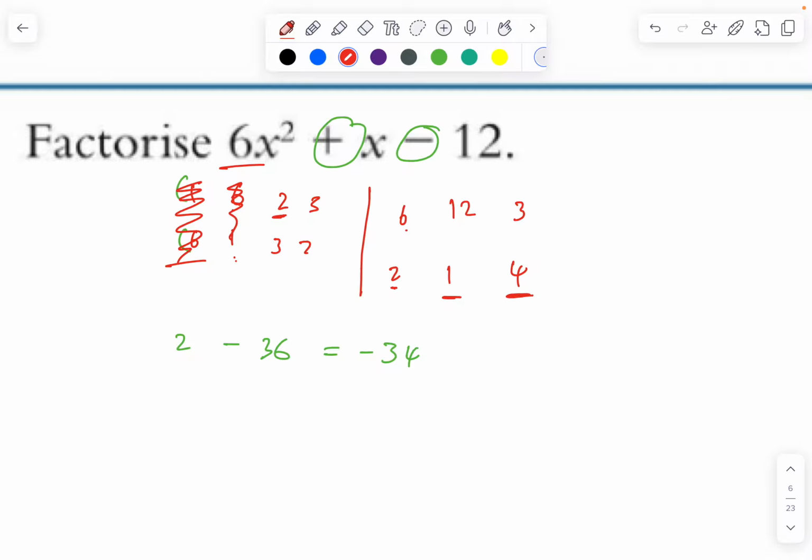That's 18, so it's not going to work out. That's 2, not going to work out. This one is 8. Ooh, that's it. So 2 times 4 is 8, minus 9 equates to negative 1.